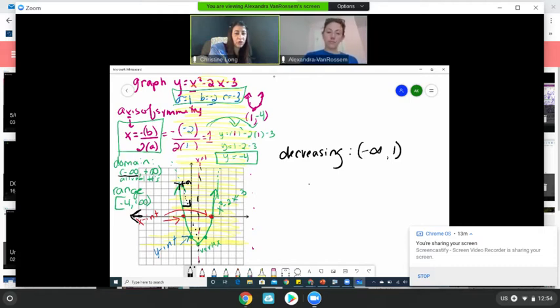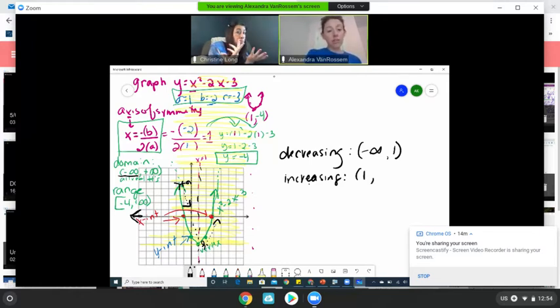And then at that turning point, we're going to start to go up, which would make it increasing from that same value of 1 to, using your same trick to the other side of the domain, +infinity. That's right. That looks good.